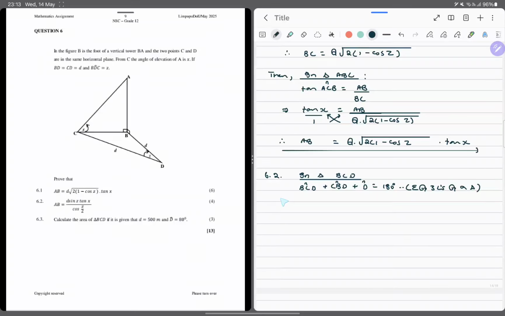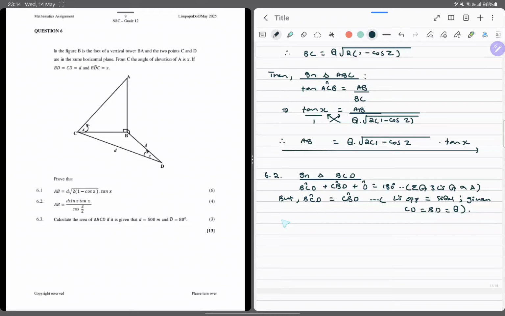All right, but we understand that angle BCD is equal to angle CBD, right? These are angles opposite equal sides, given that CD is equal to BD equal to D units. So this is where we got this from.